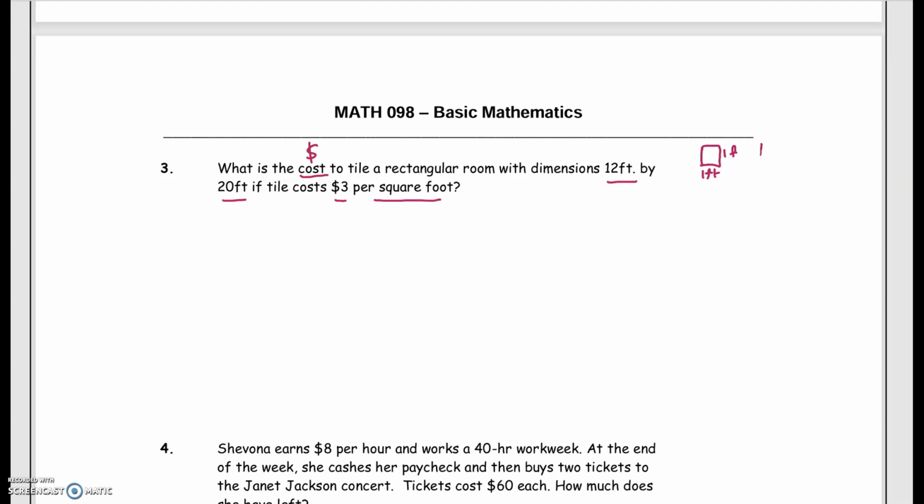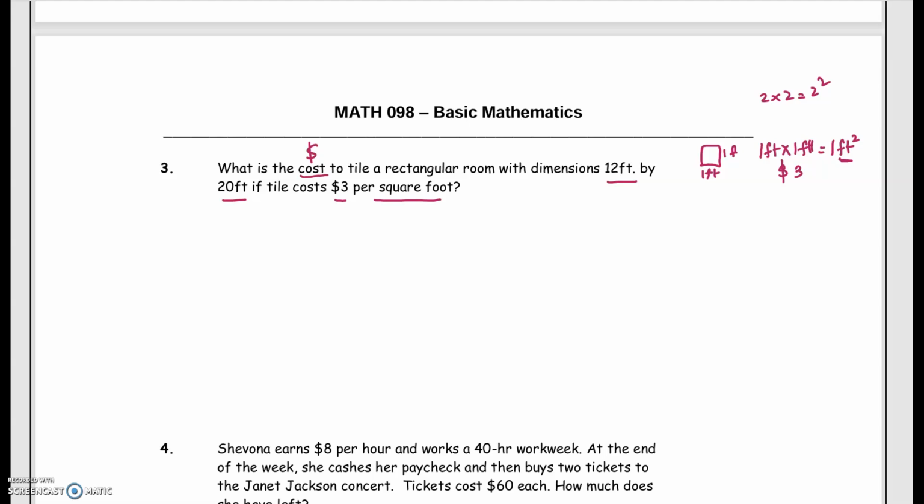So that's an area of 1 foot times 1 foot, which is 1 foot squared. 1 times 1 is 1, foot times foot is foot squared, just like 2 times 2 is 2 squared. Same way, we have a foot squared. So if one tile is 1 foot by 1 foot, it's going to cost us $3.